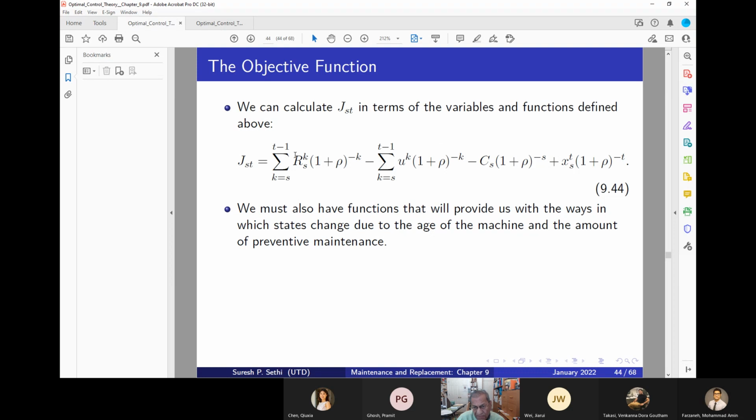And for this machine, I want to include that I purchased the machine, so I want to subtract that cost. And I'm going to sell the machine at the beginning of T, so that is the sale value of the machine that was bought at S and its discount rate. So that is going to be our objective function.